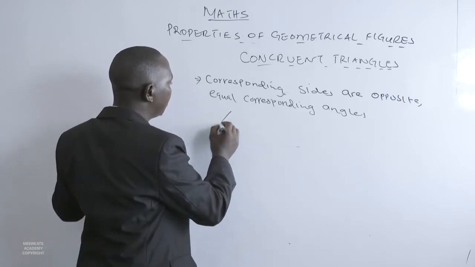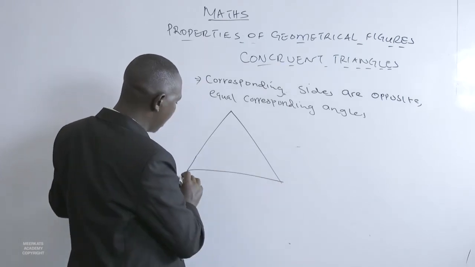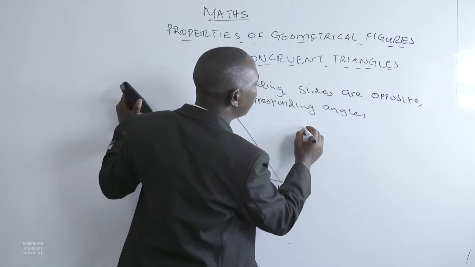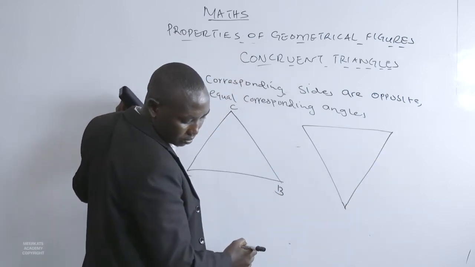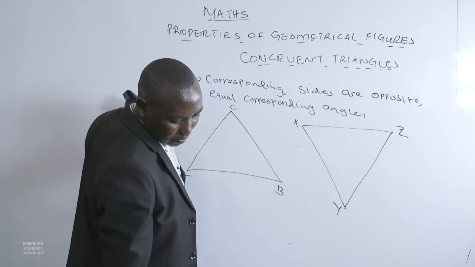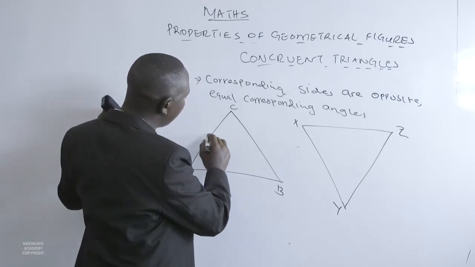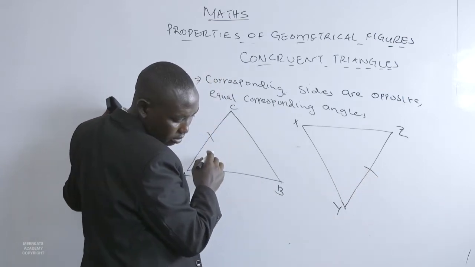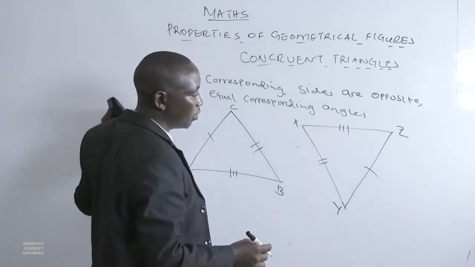So we have a triangle A, B, C. Then I have another triangle X, Y, Z. Let's put in the matching: this one and that one, this one and this one, then this one and that one.